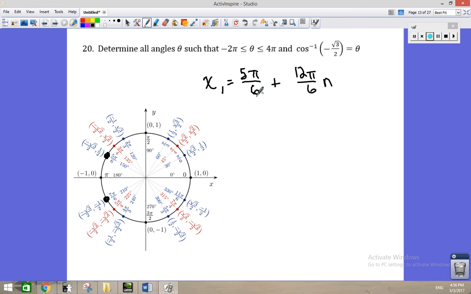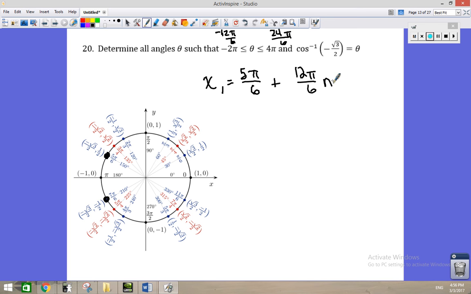Since this has a denominator of 6, let's rewrite this negative 2 pi as negative 12 pi over 6, so we can easily see when to stop when we don't want to be below negative 12 pi over 6. And over here for 4, 24 divided by 6 is 4.